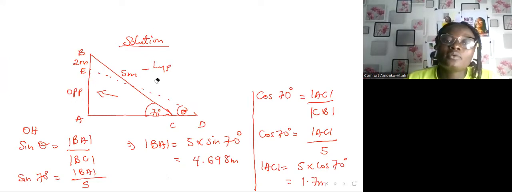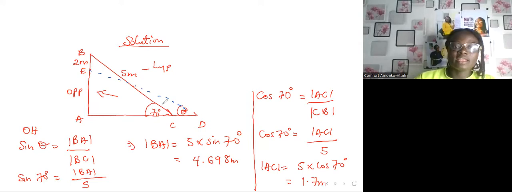So with this one, let me get a new color. Okay. All right, so we are getting the ladder slipped down. The original position of the ladder is here. The ladder is here, and it slips down here.